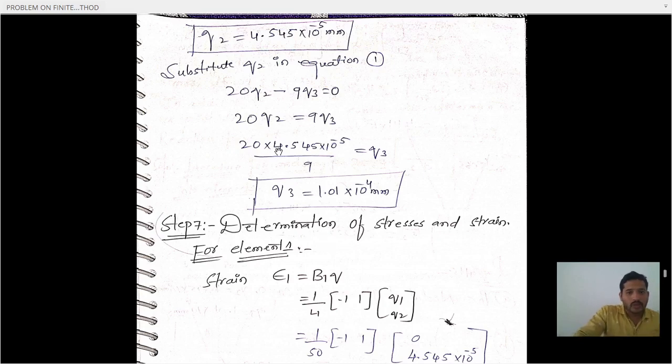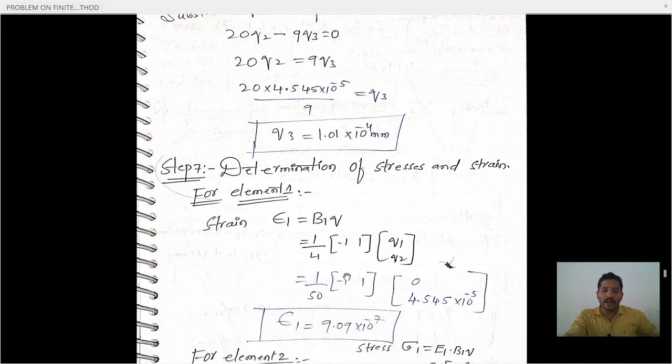So let us see, 20 as it is, Q2 means 4.545 into 10 power of minus 5, equal to 9 into Q3. If you divide both sides by 9, Q3 equal to, if you calculate with the help of a calculator, then you will get the answer as 1.01 into 10 power of minus 4 mm.